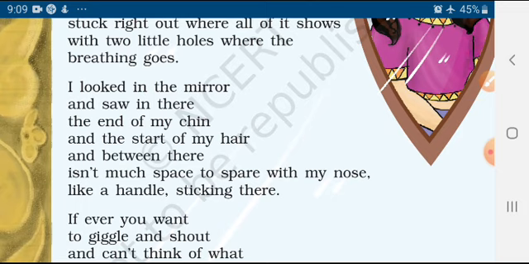I looked in the mirror and saw in there the end of my chin and the start of my hair, and between there isn't much space to spare, with my nose like a handle sticking there.